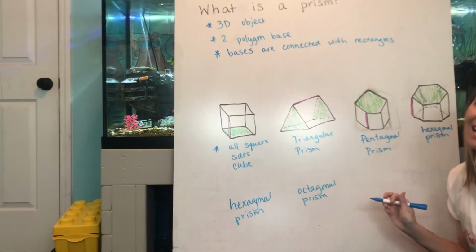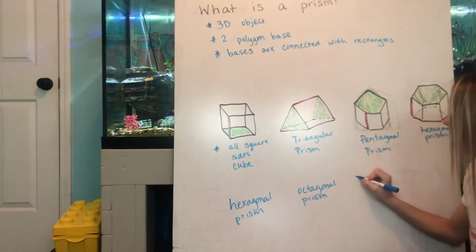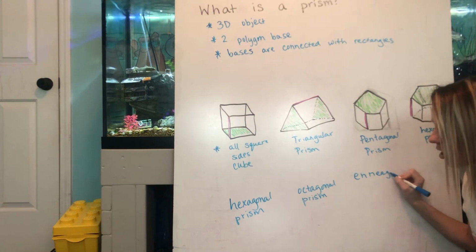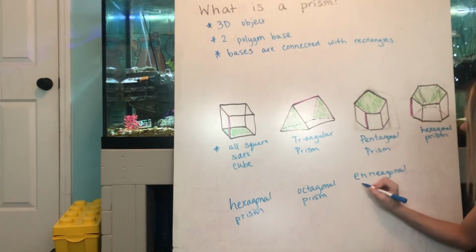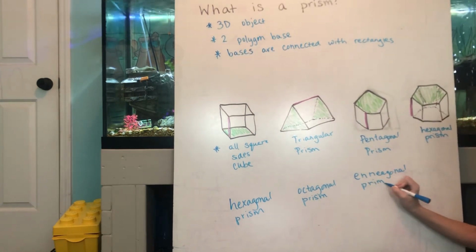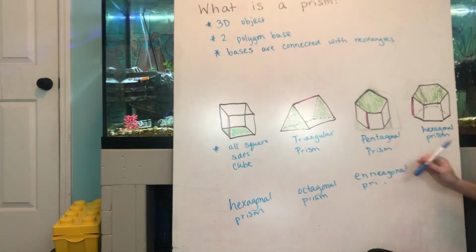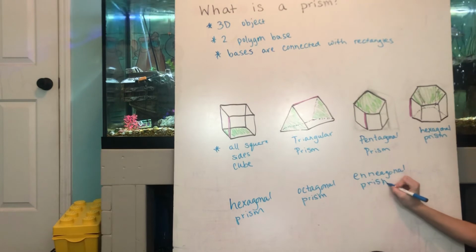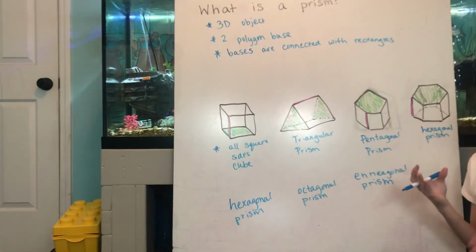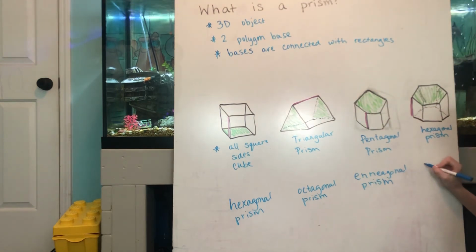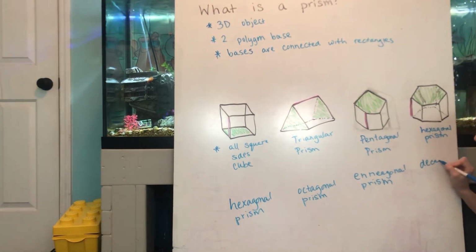It's an enneagonal prism. That's spelled E-N-N-E-A-G-O-N-A-L prism. Enneagonal prism. It has 9. It's a nonagon for its base. Then you have a decagonal prism.